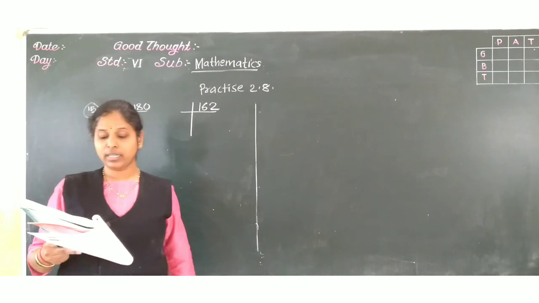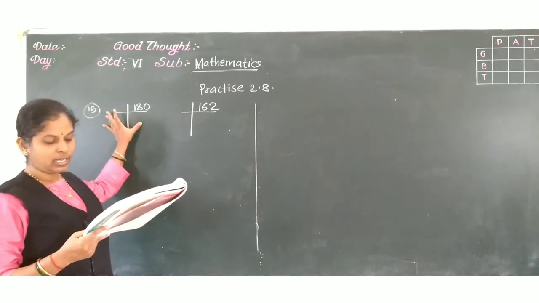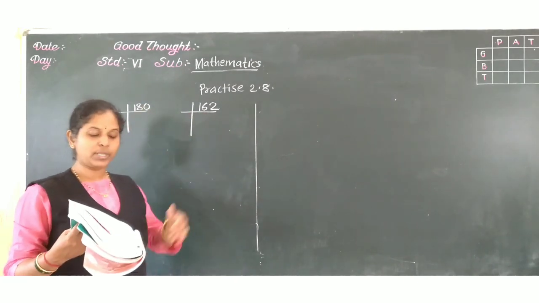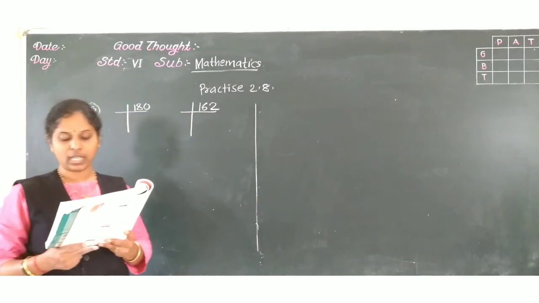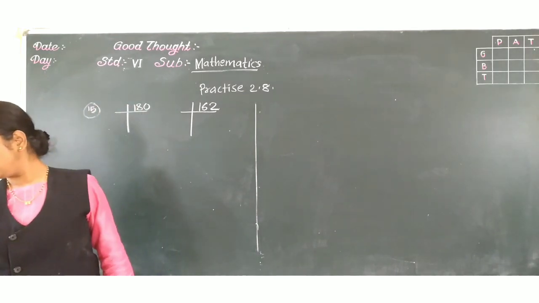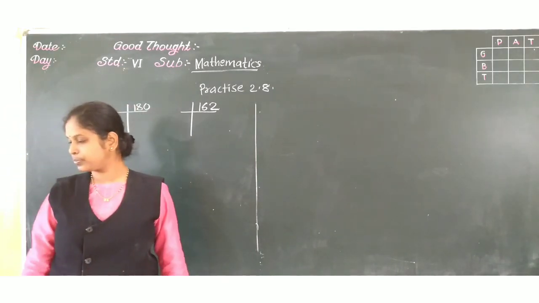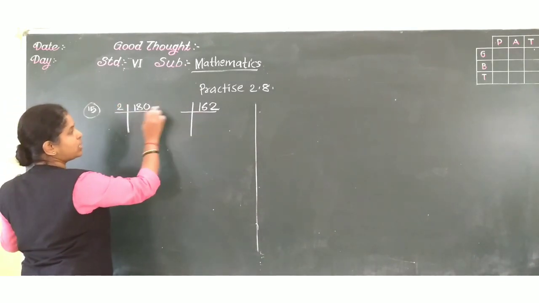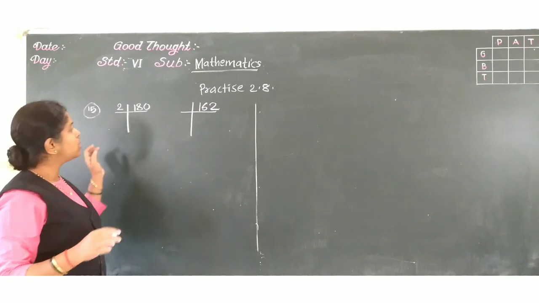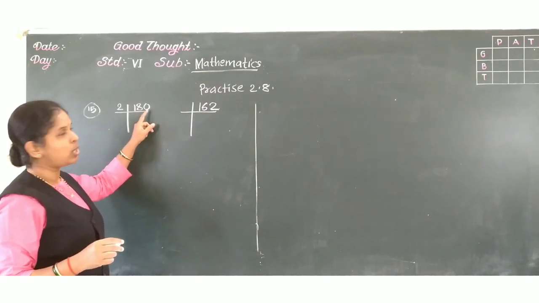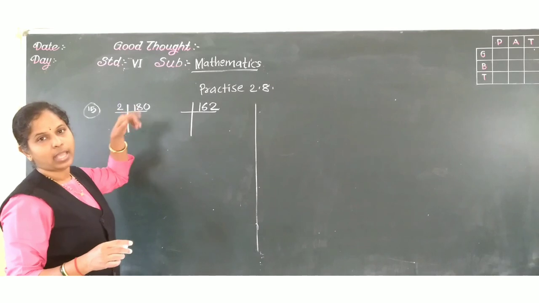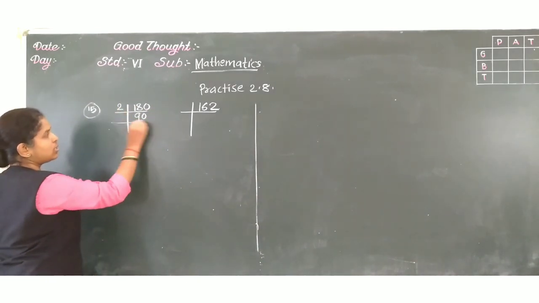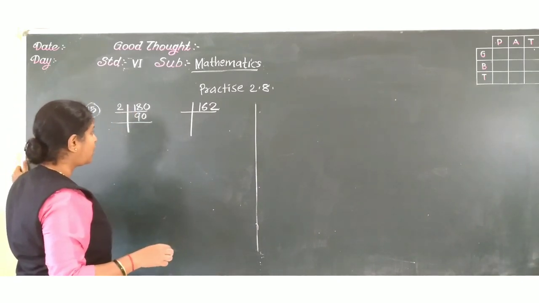A milkman has containers having capacity. One's capacity is 180 liters and the other's capacity is 162 liters. What is the capacity of the largest container that can be used to completely fill the containers? Both numbers are divisible by 2. Why? Because 0 and 2 are there at the units place. 2 9s are 18, 2 9s are 18, and 0.